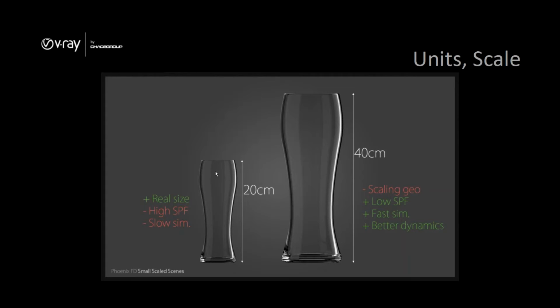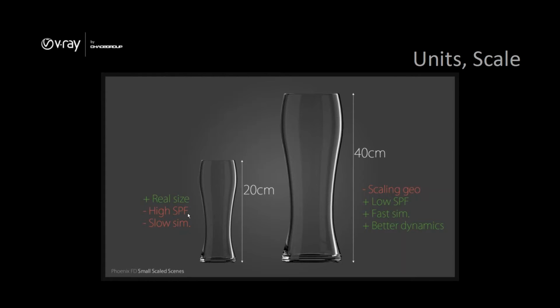Since the simulator box was only 20 centimeters high, the dynamics inside that simulator was very, very strong, which supposed that I will need to increase the steps per frame so that I divide the time into more smaller parts to get a better result. So that, of course, resulted in a slower simulation.